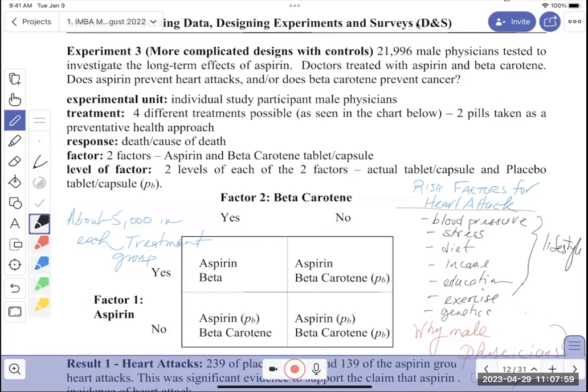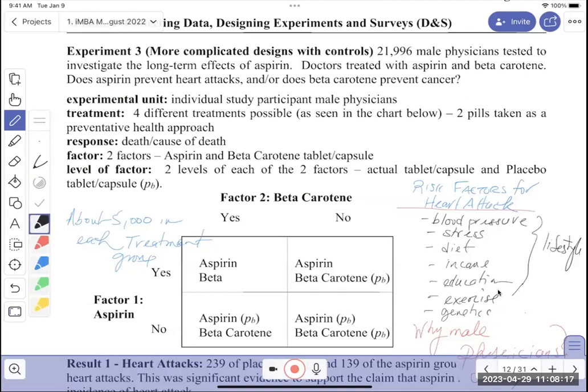Oh, and somebody mentioned the interest and willingness to comply and to remain in the study. Oh, one other thing. Okay, so these are risk factors for heart attack.